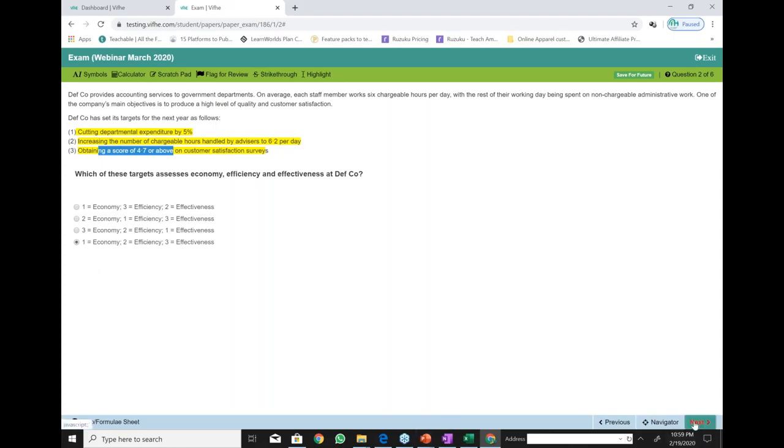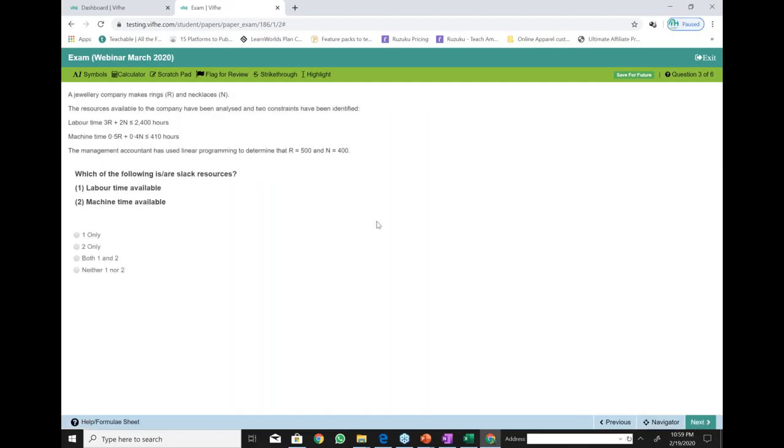Okay. Now the next one we have is: a jewelry company makes rings and necklaces. The resources available to the company have been analyzed and two constraints have been identified. Labor time and machine time are the limiting factors.